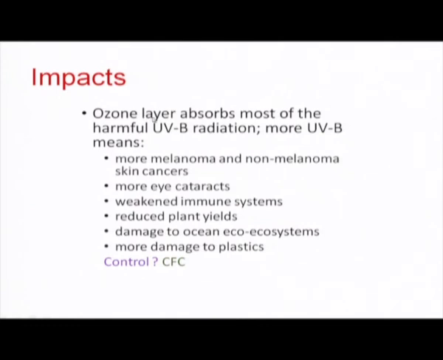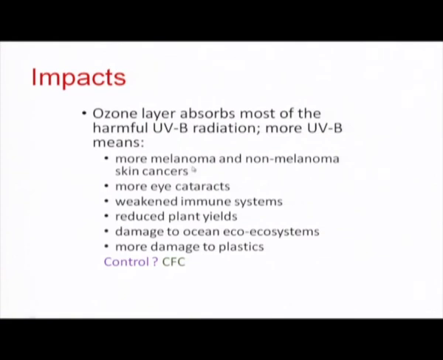The ozone layer, as will be discussed, absorbs most of the harmful UV radiation, especially UVB radiation, and that means more skin related disease. Skin cancer will be generated because of this harmful light reaching the earth's atmosphere. And not only skin cancer, even eye problems may start, with cataract related issues also.